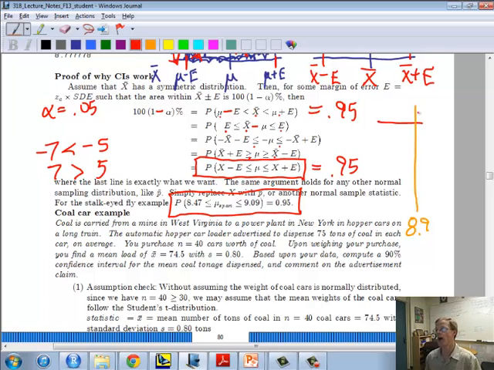Then out of 100 intervals, 95 of them would contain the true mean and 5 would miss. We can see that this interval right here missed. It did not contain the true mean. And on average, 5 out of 100 will miss, but 95 out of 100 will hit it.